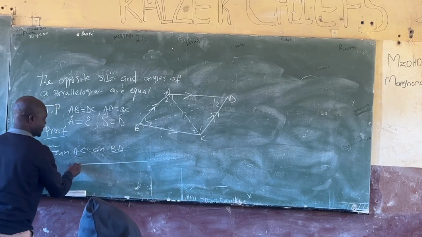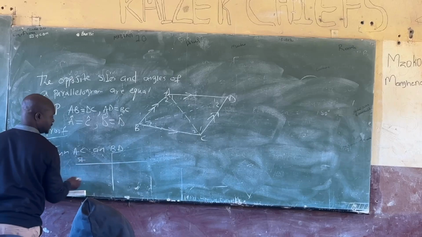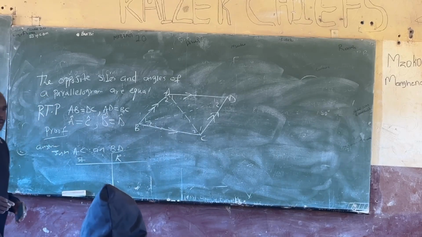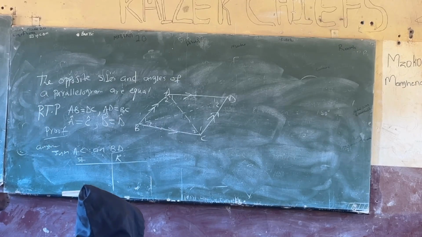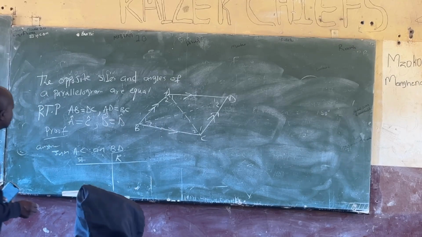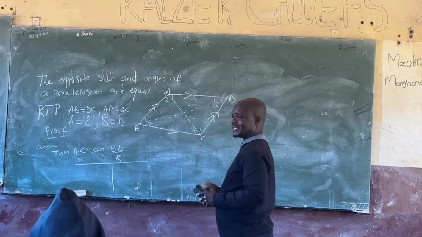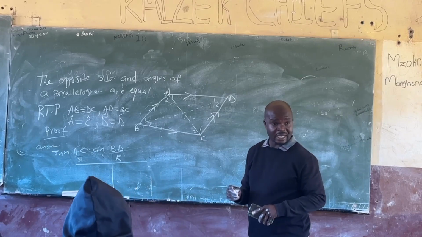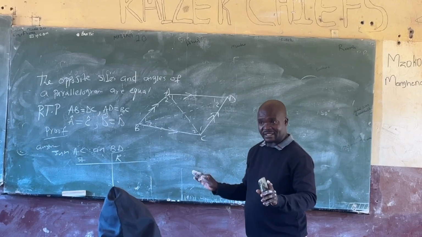My Holy Cross is this one. I will write the statement and I will write the reason here. Okay, guys. Two lines that are parallel, opposite pairs, they are parallel, and some of the angles are alternate. You write what is there.